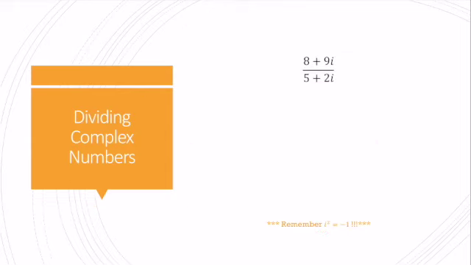Now when we are dividing complex numbers, we want to multiply by the conjugate. Okay, so the conjugate of any binomial, of any complex number, let's say I had 3 plus 2i, the conjugate is going to be 3 minus 2i.